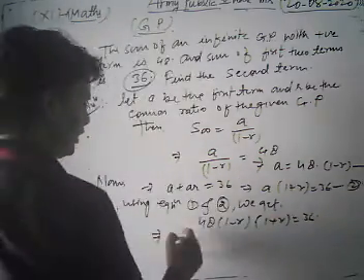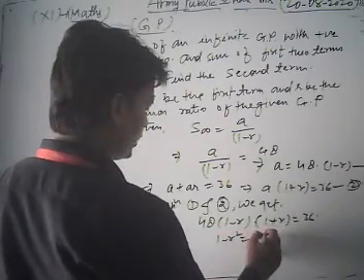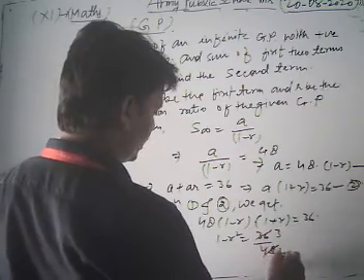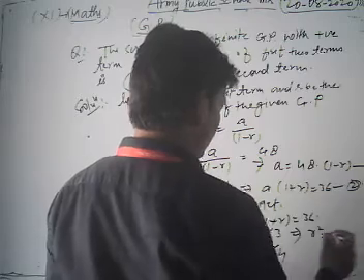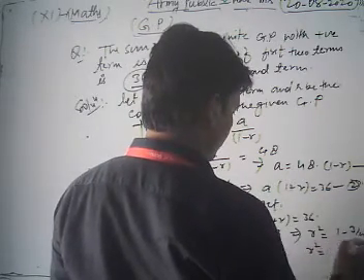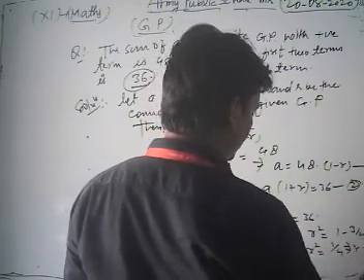Now using (a minus b)(a plus b), we write 1 minus r square is equal to 36 upon 48. Now 12 3s are 36, 12 4s are 48, so we have r square equal to 1 minus 3 by 4, which is 4 minus 3 by 4, that is 1 by 4. So the value of r is equal to 1 by 2.